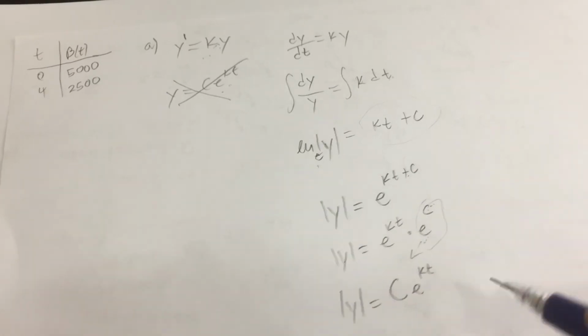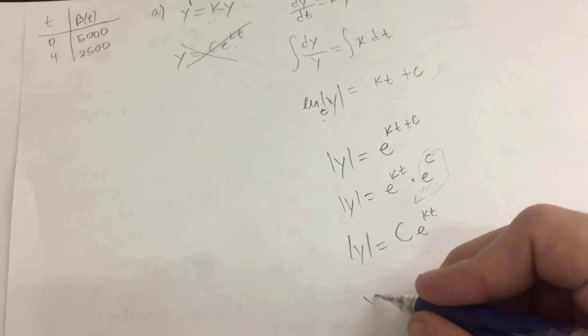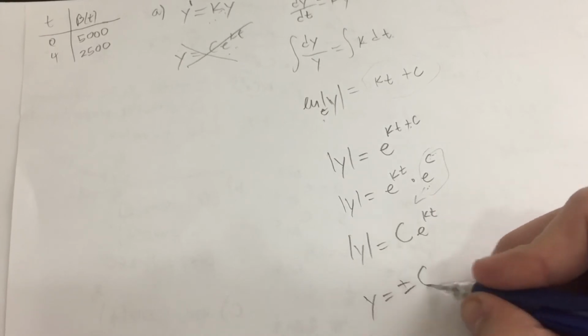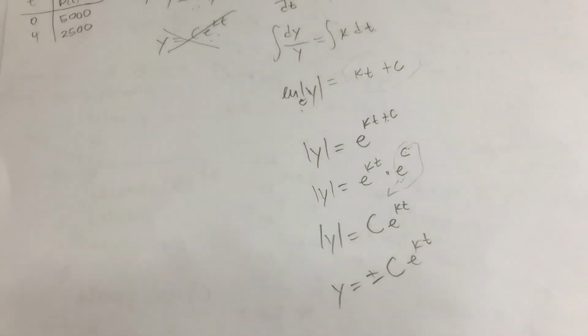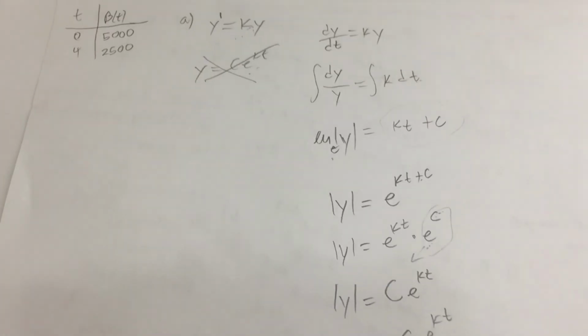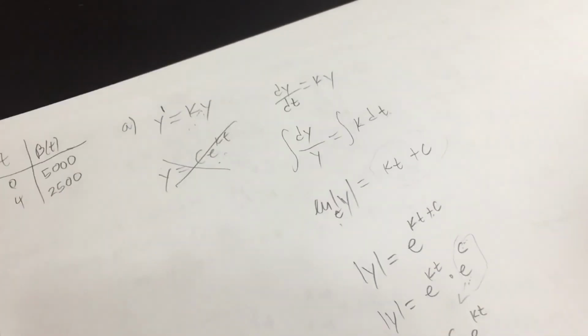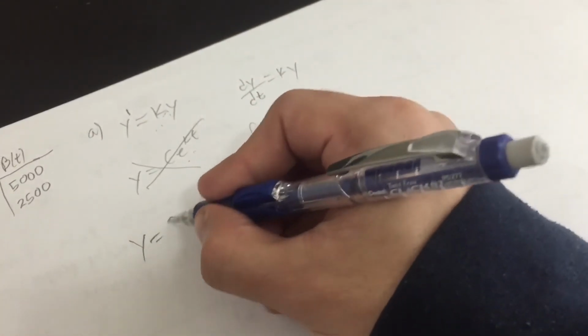I told you guys, you've seen that before. And then to remove the absolute value, we just say plus or minus. That just means the exponential is either a positive or a negative version of that. Exponential equation. There it is. If you don't remember that, you can always use differential calculus to get there. But you're allowed to skip all this work if you just know that this means that.